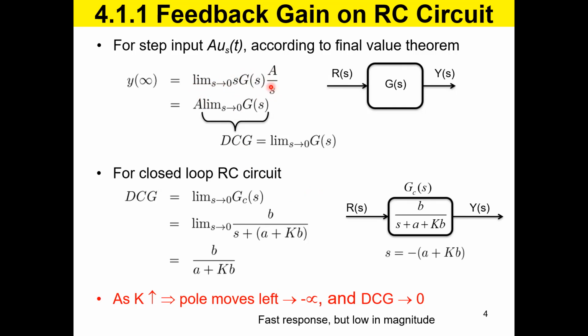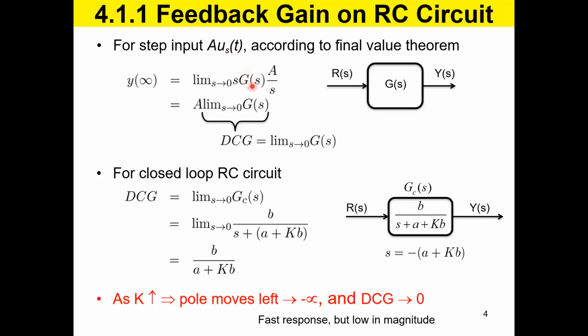Here the input is a over s, because the input is a step signal, not actually a unit step but a constant step size, a u(t). When you write this in the Laplace domain, it becomes a over s.